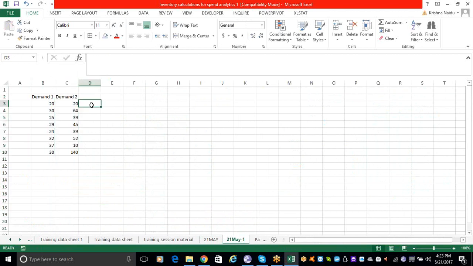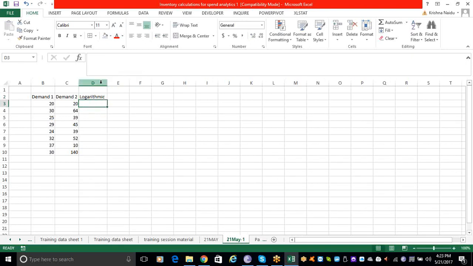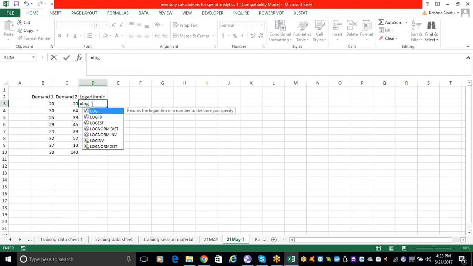So there are various techniques to reduce the variation, the ups and downs. I'm going to use one technique called logarithmic. I'll convert this number into logs. Log 10.